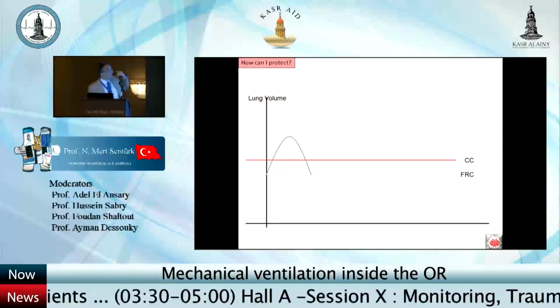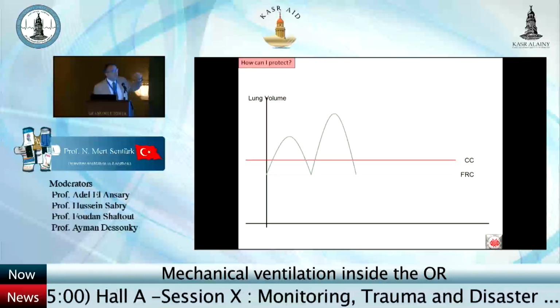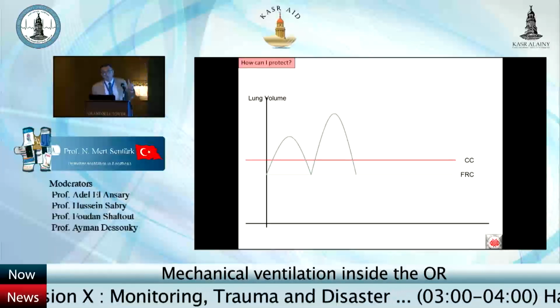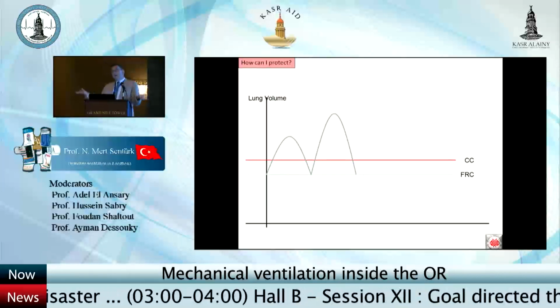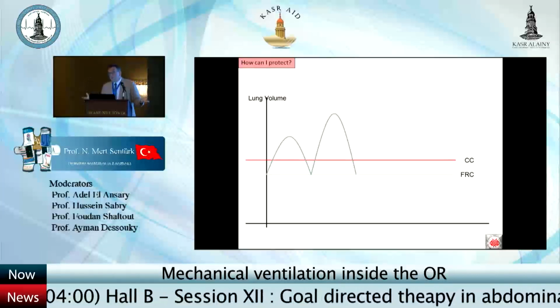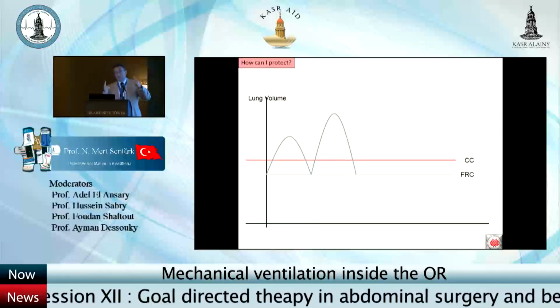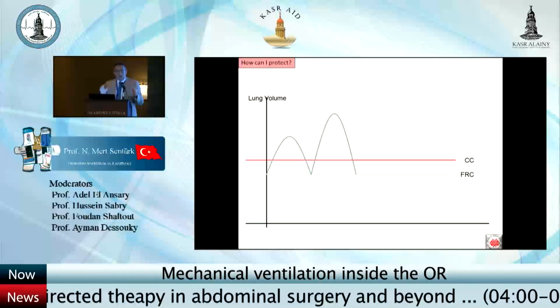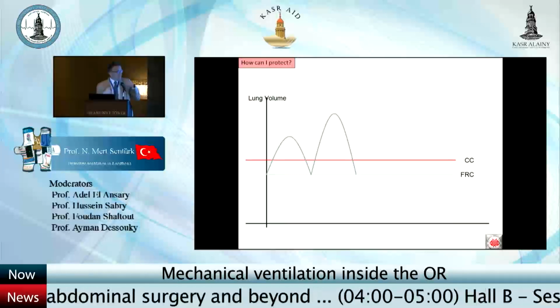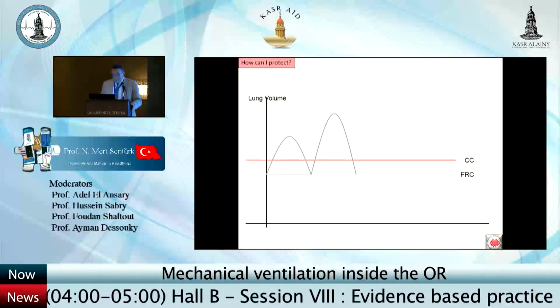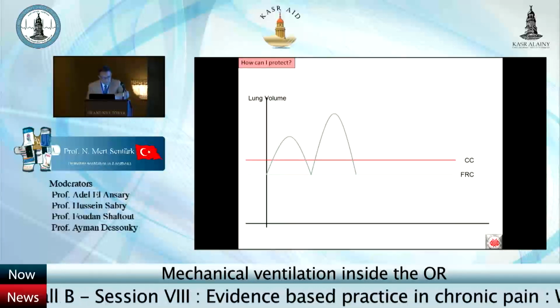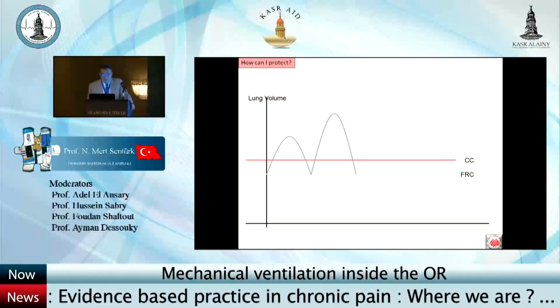Formerly, the solution was to increase the tidal volume. Now I have a larger area of ventilation. I can have, with larger tidal volumes, a better gas exchange. But it is not a solution for the cyclic opening and reopening of the alveoli.